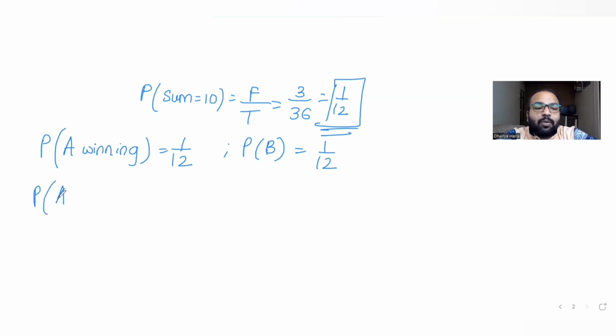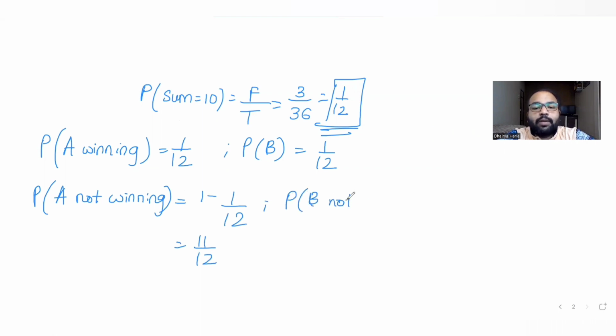If I talk about A not winning the game, it means A does not get the sum of the two outcomes on the upper faces of the dice as 10. So in that case, it would be 1 minus probability of A winning, 1 minus 1 by 12, that is 11 by 12. Same way, the probability of B not winning the game is again the complement of the event B. That's also 1 minus 1 by 12, that's 11 by 12.